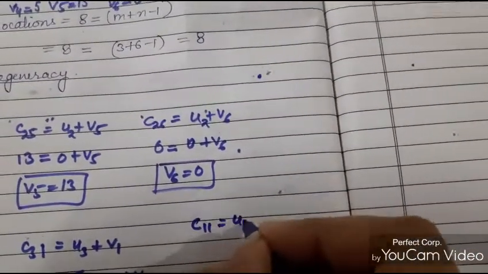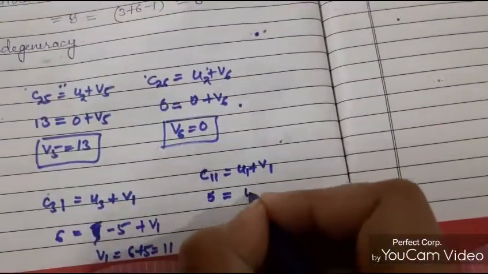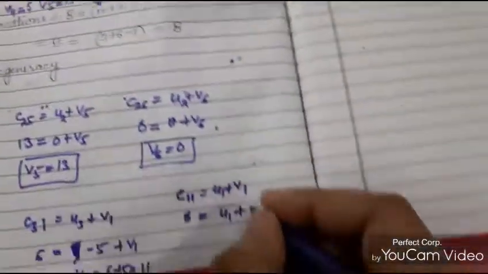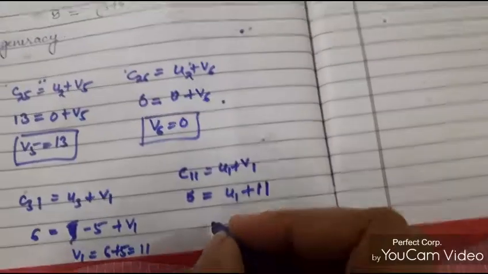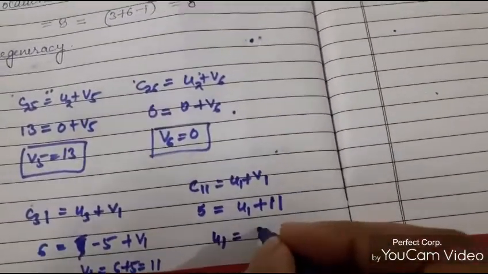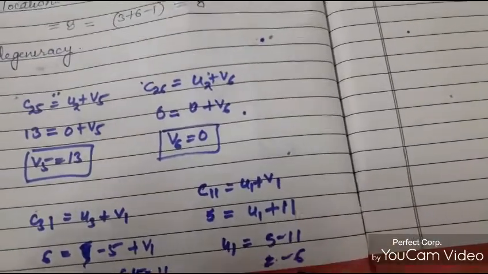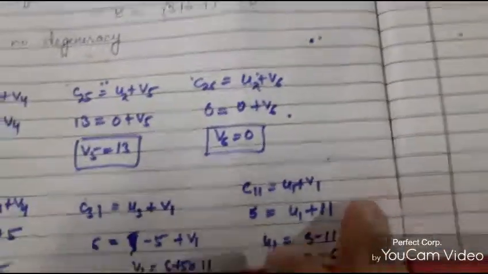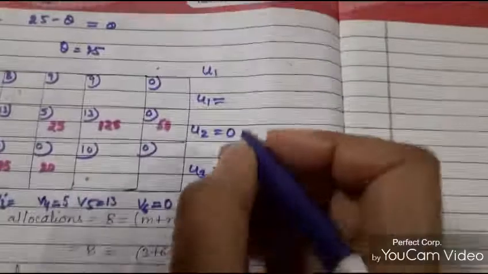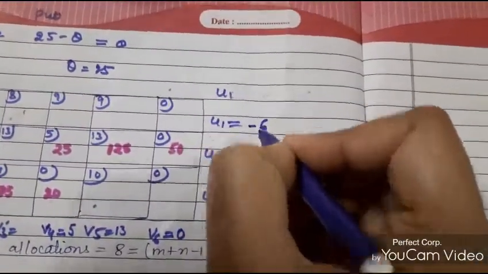C11 is equal to u1 plus v1. Cost is 5. 5 is equal to u1 plus v1, and v1 we have calculated as 11. So u1 is equal to 5 minus 11, or minus 6. So we will write u1 is equal to minus 6.